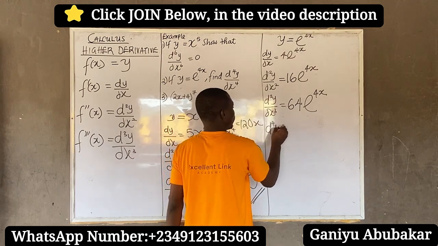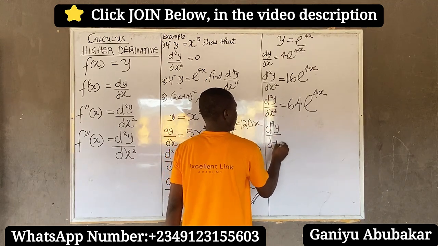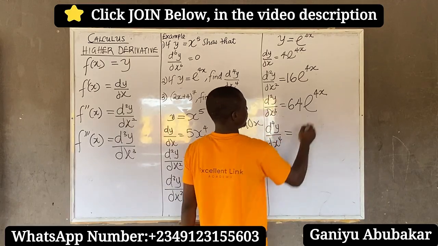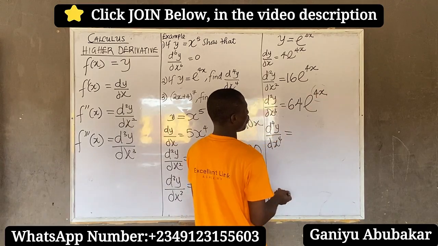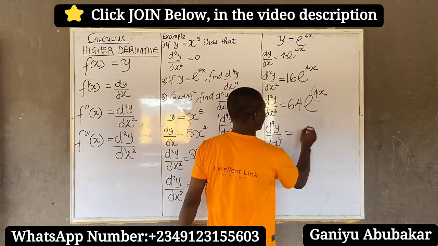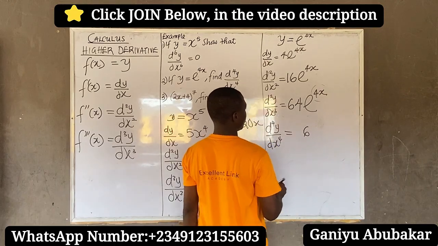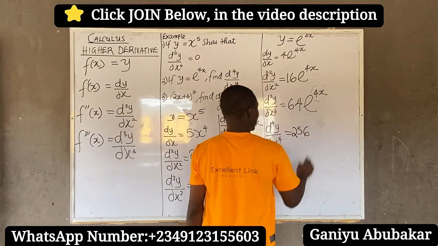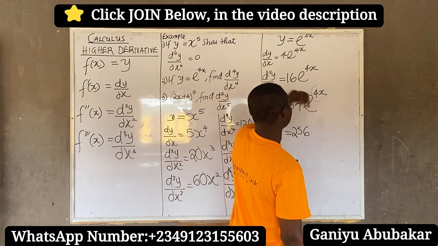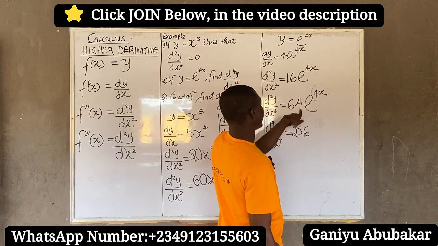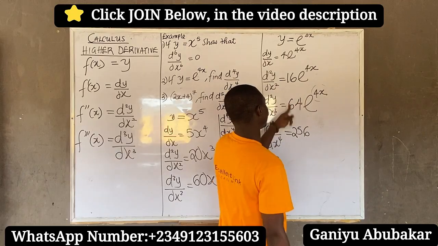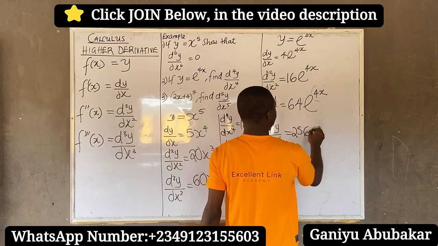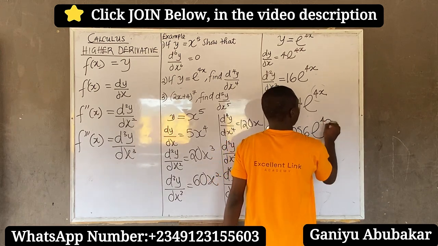So the 4th derivative, d to the power 4 y over dx to the power 4, differentiate this one here, that gives you 4. 4 times 64 gives you 256. 4 times 4 is 16. Let's carry 1. 4 times 6 is 24 plus 1 is 25. So I'll have 256 exponential 4x.